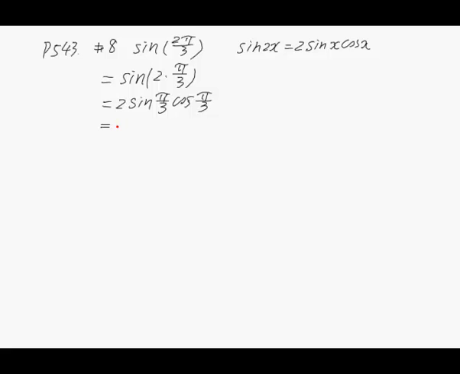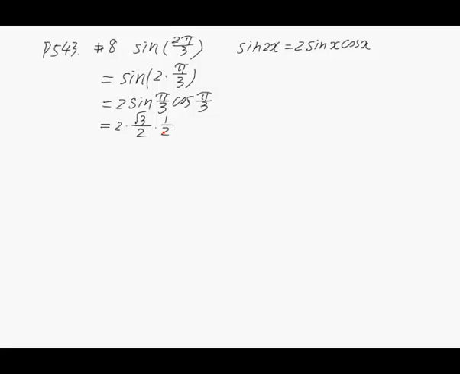Then, what is the sine of pi over 3? Sine of pi over 3 equal to what? Root of 3 over 2, right? Then what is the cosine of pi over 3? 1/2, right? This guy is equal to 1/2.